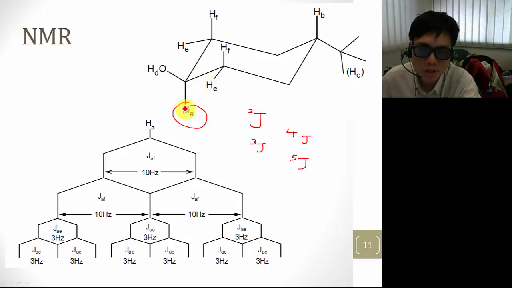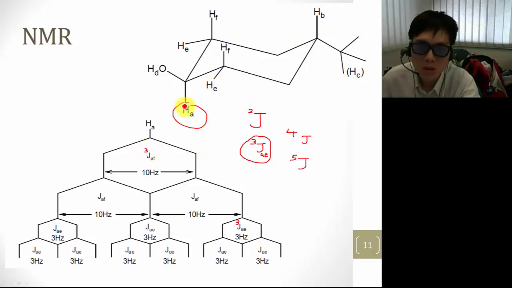So for instance, if you look at HA-HE coupling, it is 1, 2, 3, a 3J coupling, so we can put A and E. What about A and F? A and F is also 3J coupling. So it's 3J coupling for AE, and AF also 3J.